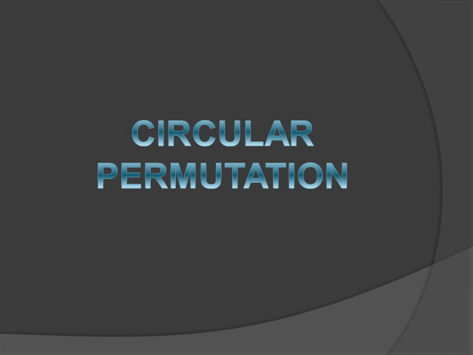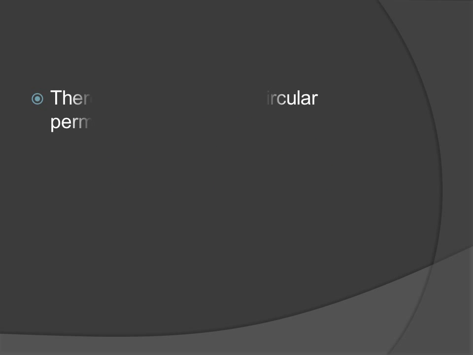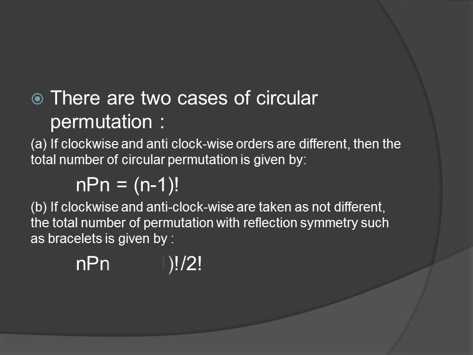Circular permutation has two cases. The first one: if clockwise and anti-clockwise orders are different, then the total number of circular permutations is given by n permutation n equals the quantity n minus 1, factorial.